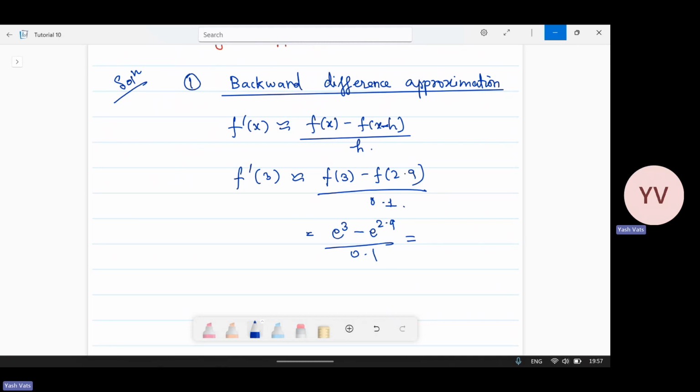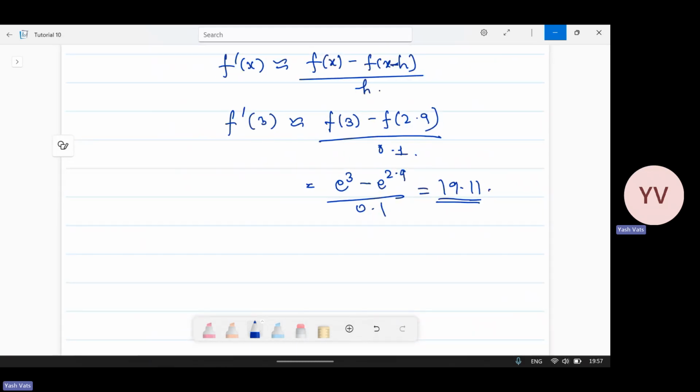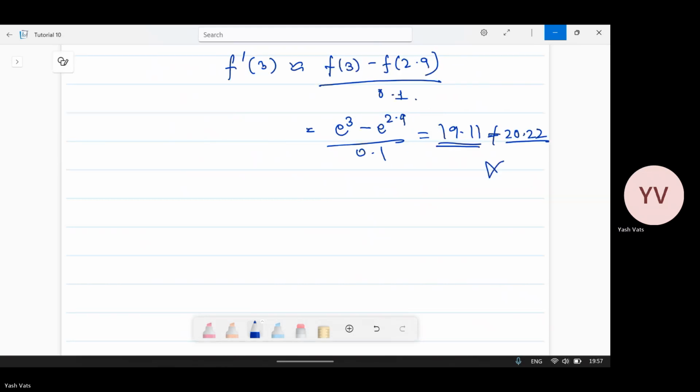So it will give 19.11, which is not same as 20.22. So it's not right.